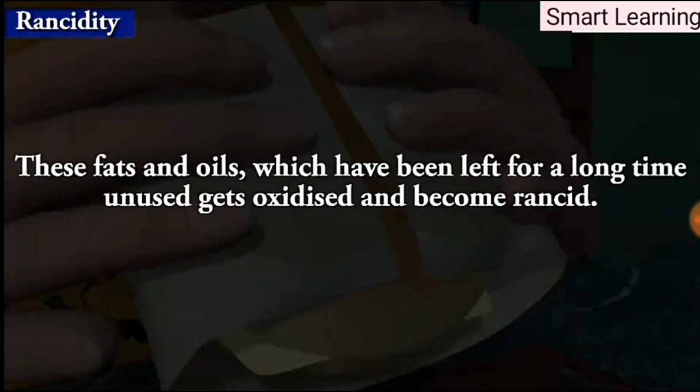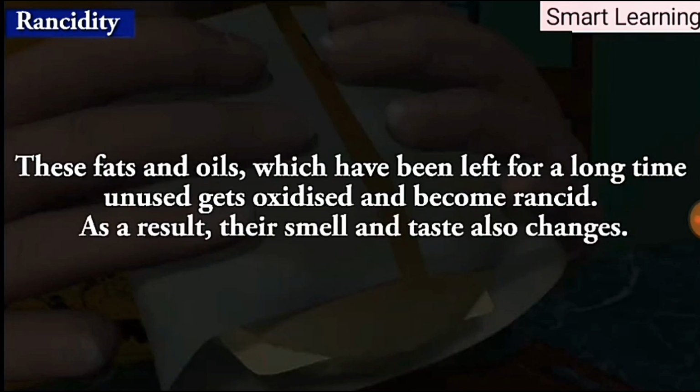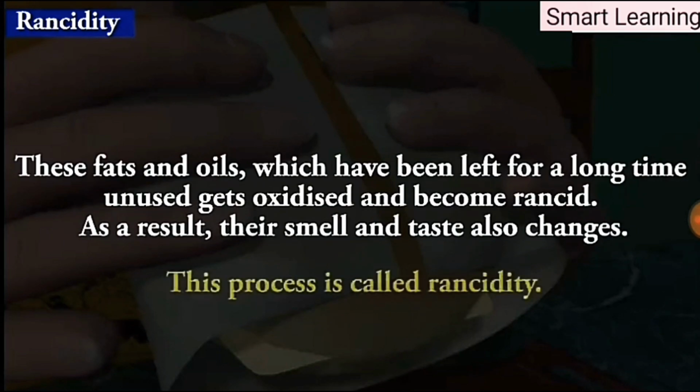These fats and oils which have been left for a long time unused get oxidized and become rancid. As a result, their smell and taste also change. This process is called rancidity.